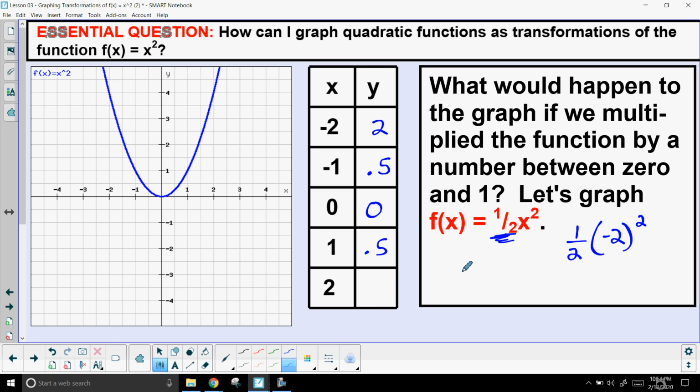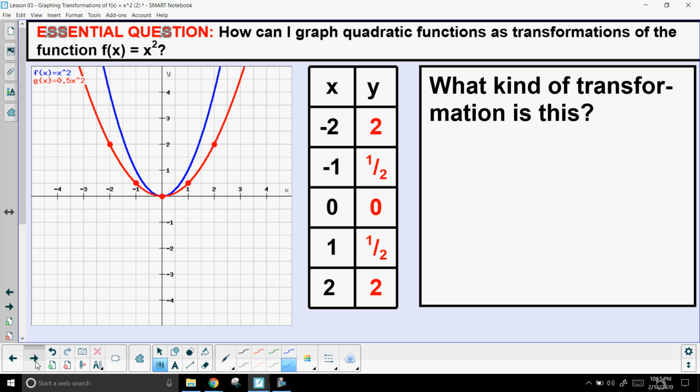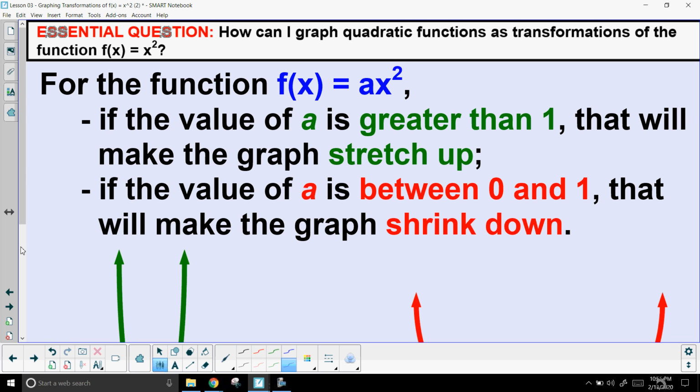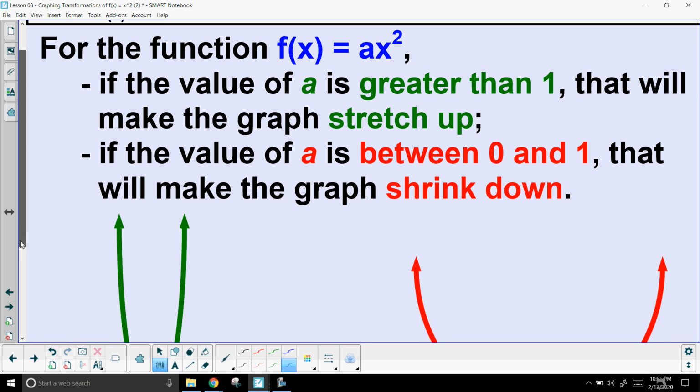Indeed, it did get wider. Okay, the graph got wider. Mathematically speaking, we're going to say it shrank. Okay, stretch, shrink. So for your notes, if A is greater than 1, it's going to stretch.